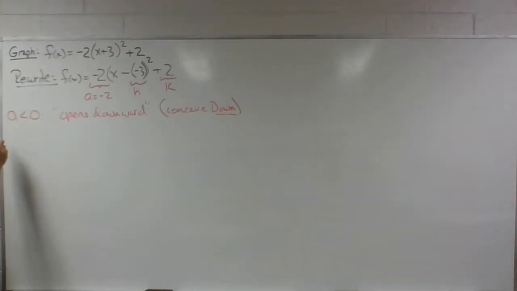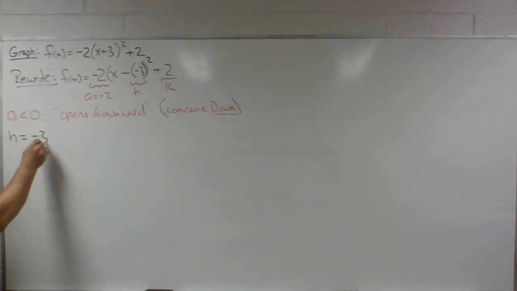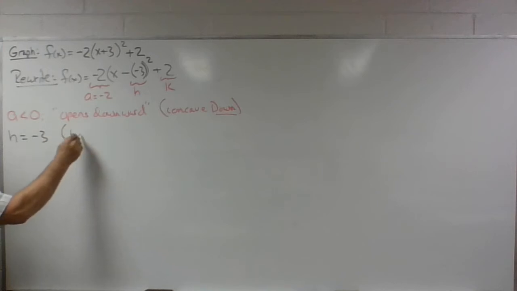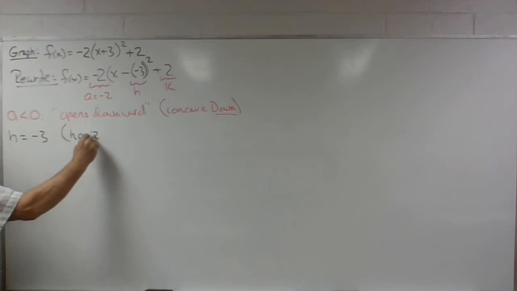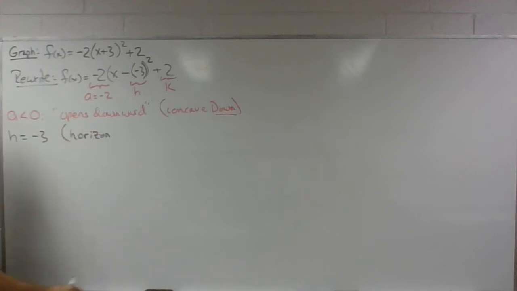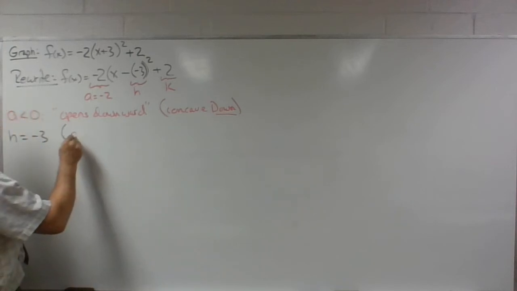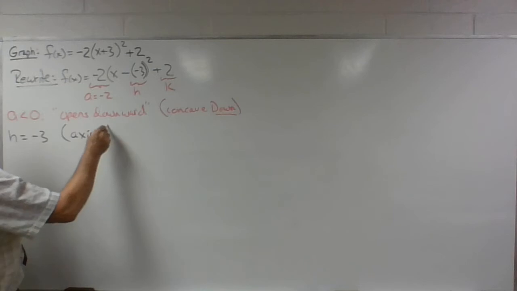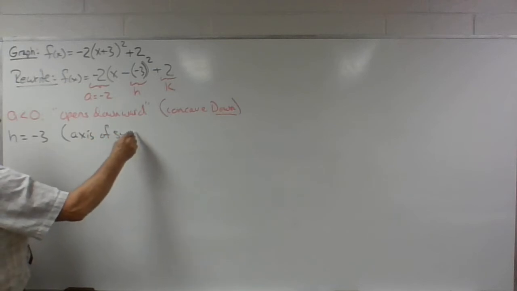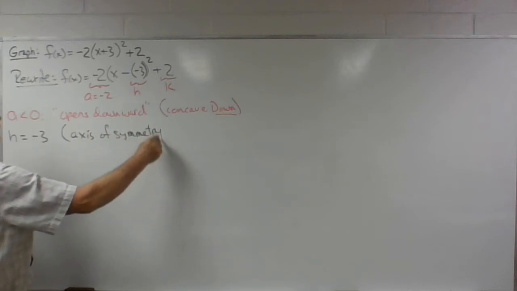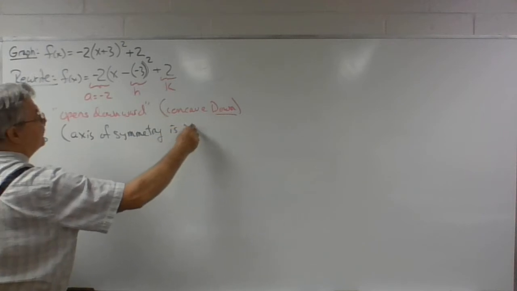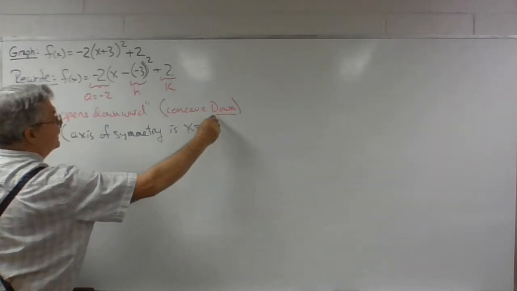So h is negative 3, and that means that our axis of symmetry is x equals negative 3.